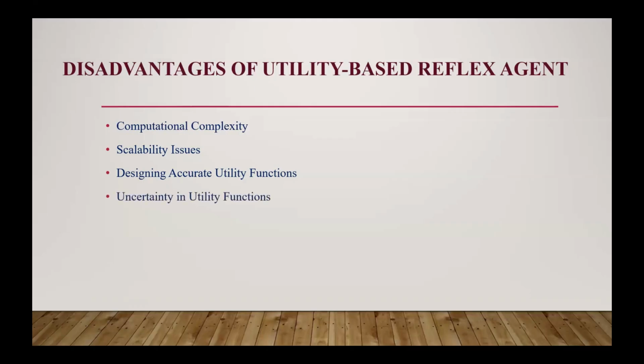Next one is the uncertainty in the utility function. Defining a clear and unambiguous utility function can be difficult. There may be uncertainty about the true preference or goal, or it may change over time. This uncertainty can lead to suboptimal decision making or unexpected behavior.